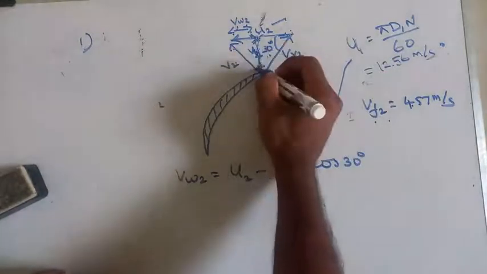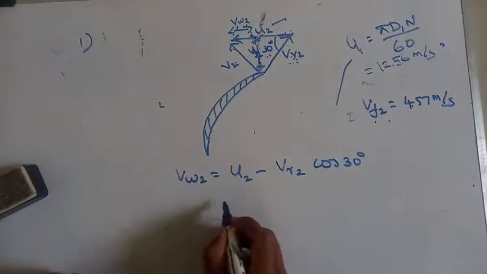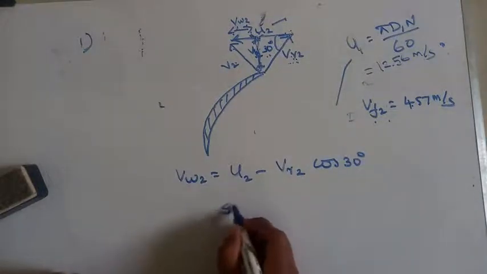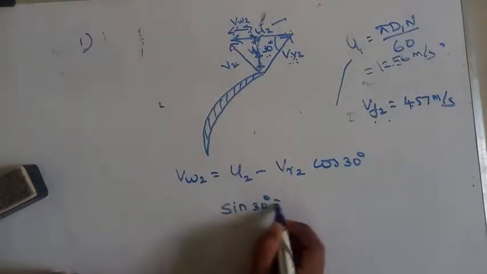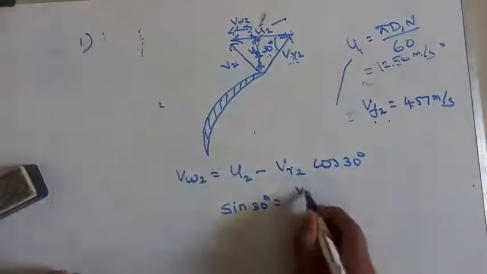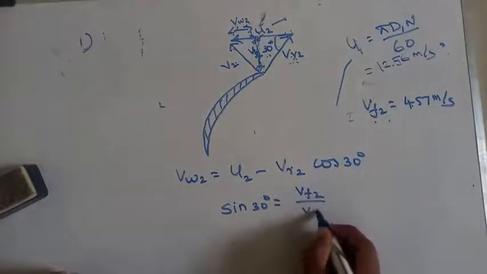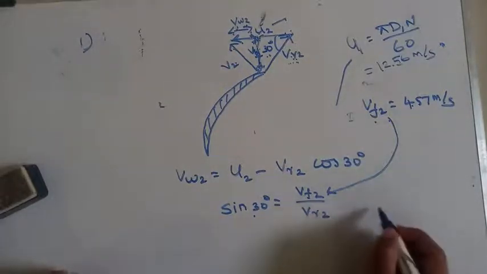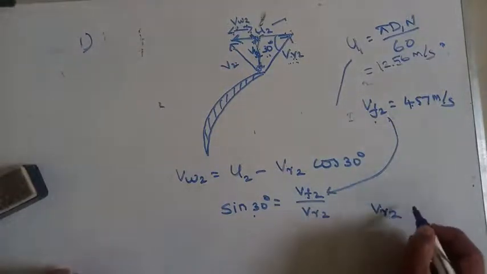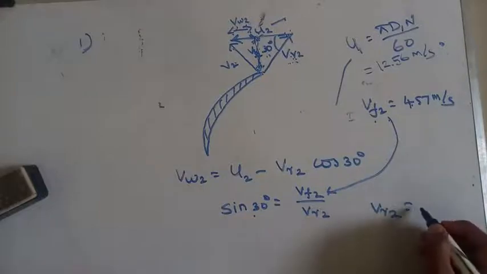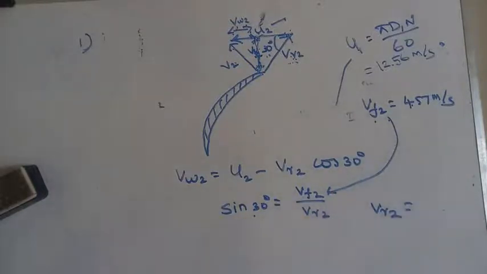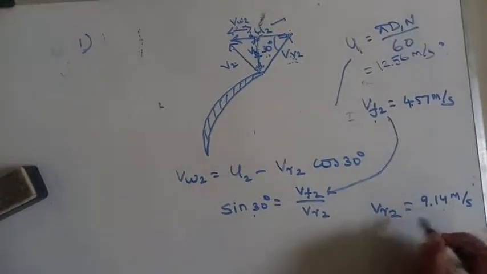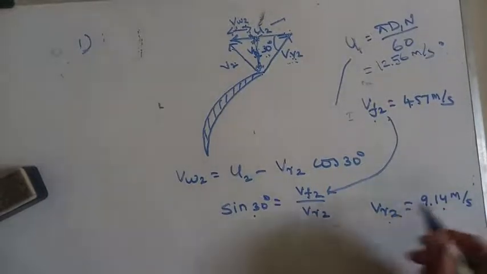So from this triangle I can write sin 30 degree is equal to VF2 divided by VR2. In this I know the VF2 value and this 30 degree. If I substitute, I will get VR2, which is 9.14 meter per second.